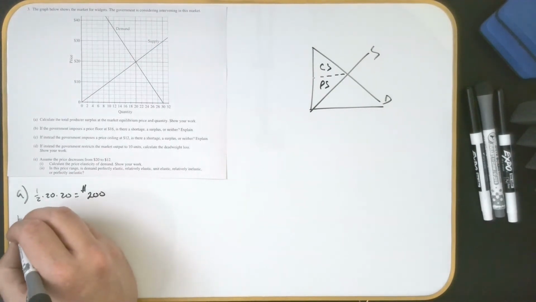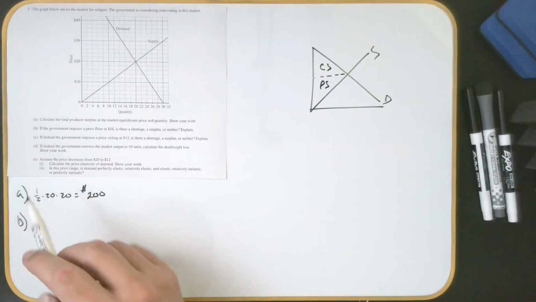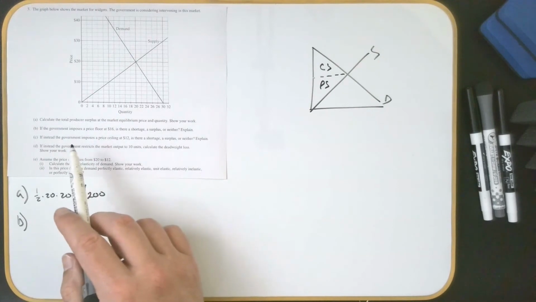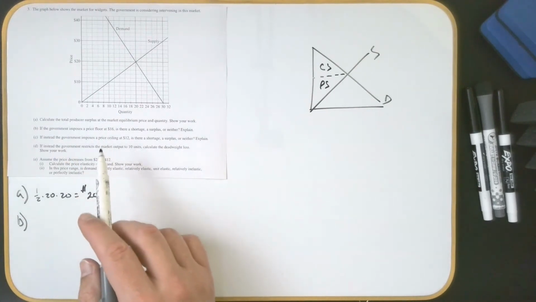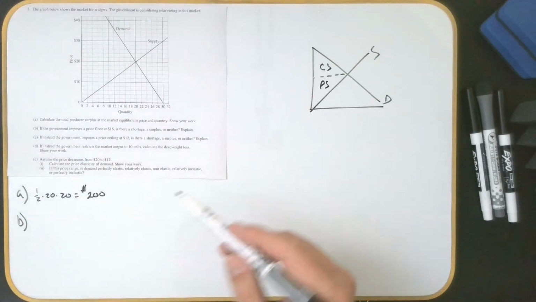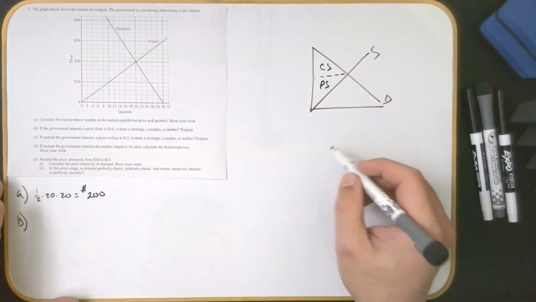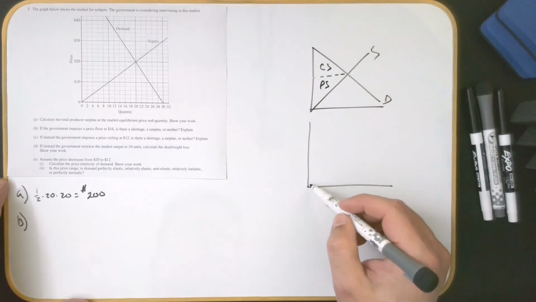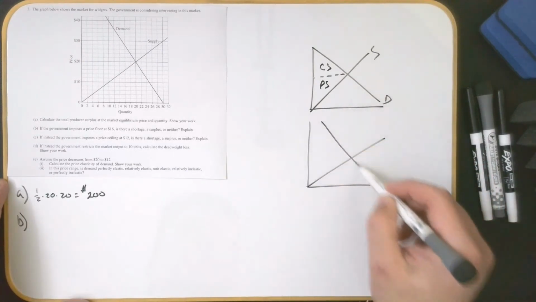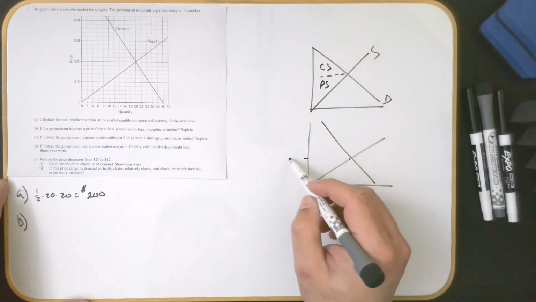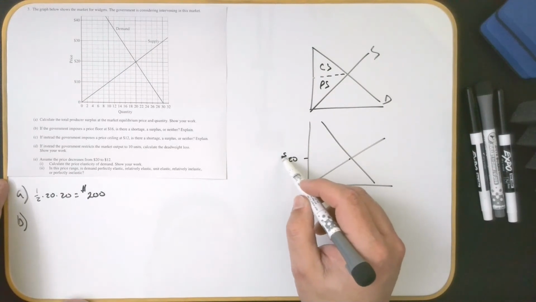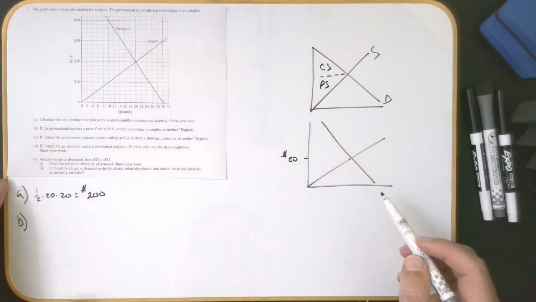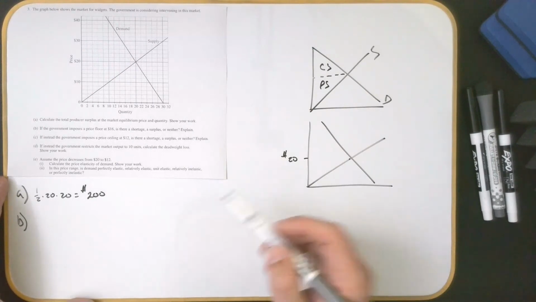Then let's look at part B. Part B says, if the government imposes a price floor at $16, is there a shortage, surplus, or neither? Well, I'm going to redraw this over here so we can look at this. We're currently looking at this situation right here, where equilibrium is at $20. Okay? So if you recall, it's saying to put in a price floor at 16.